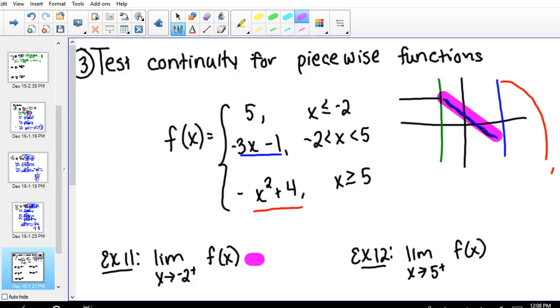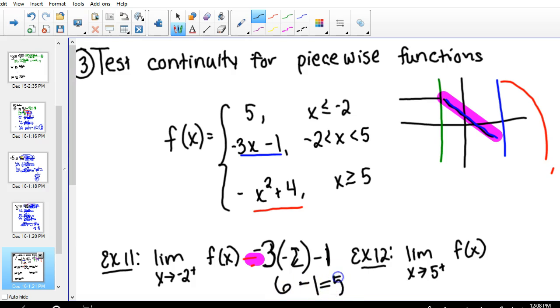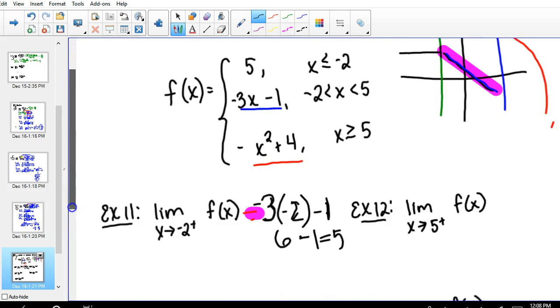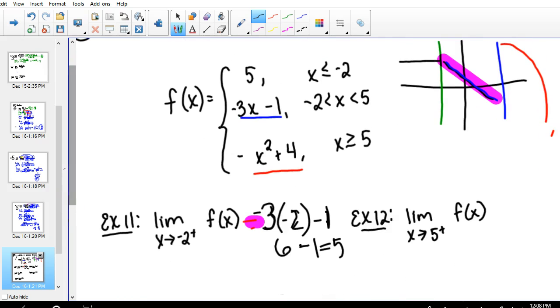So we'll pick -3 times -2 minus 1. So you'll get 6 minus 1, which is 5. So you just pick the equation that would be on that side and plug the number in. Okay.